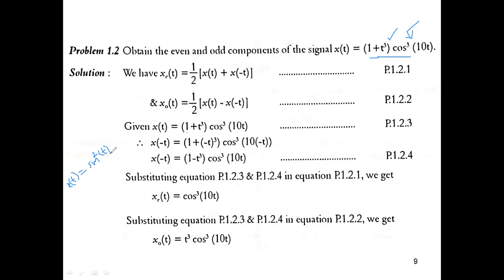And x of t equal to sine t, even or odd? Odd signal. What about sine square of t? Even signal. Sine square of t is an even signal, sine of t is an odd signal, and sine cube of t is an odd signal.